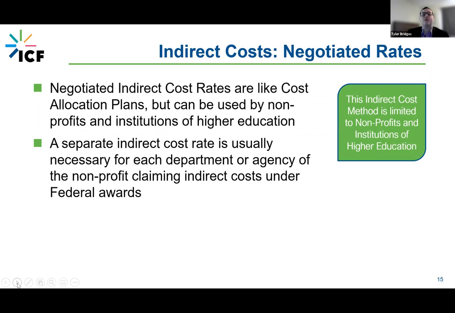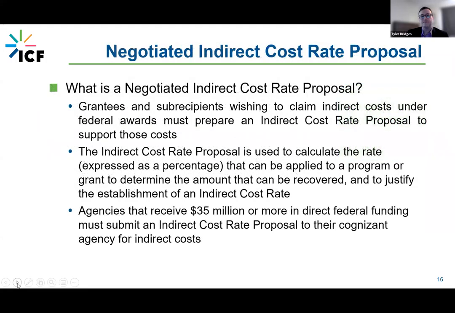Negotiated indirect cost rates are like cost allocation plans, but can be used by nonprofits and institutions of higher education. A separate indirect cost rate is usually necessary for each department or agency of the nonprofit claiming indirect costs under federal awards. Grantees and subrecipients wishing to claim indirect costs under federal awards must prepare an indirect cost rate proposal to support those costs.